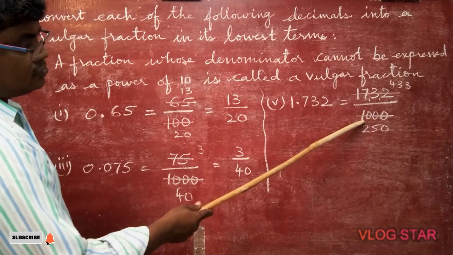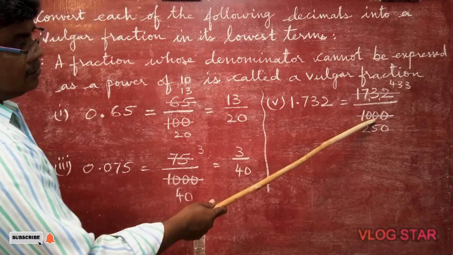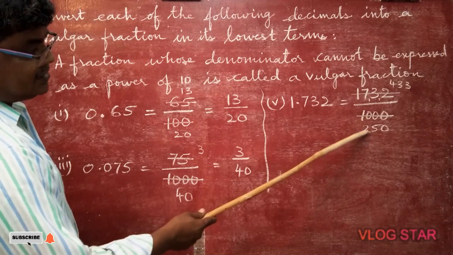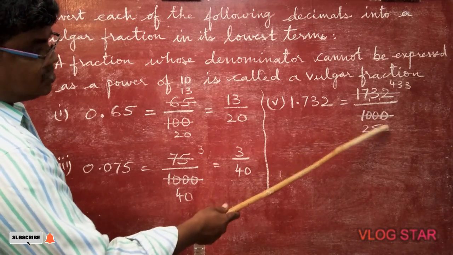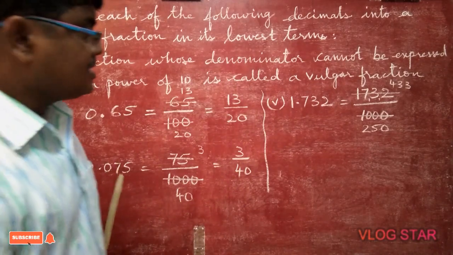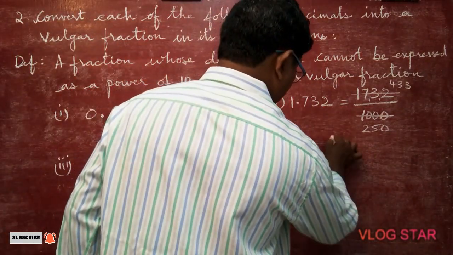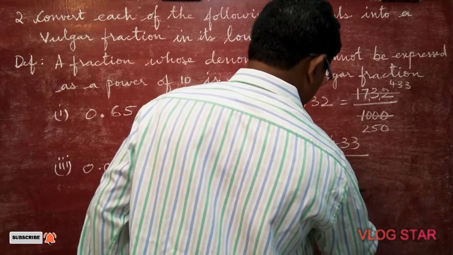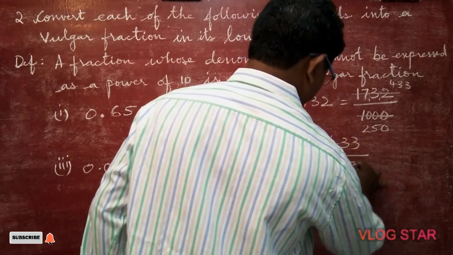Here 4 goes. How many times? 4 25s, 100. 1 more 0, 250. There is no common table. What is the answer? 433 by 250.